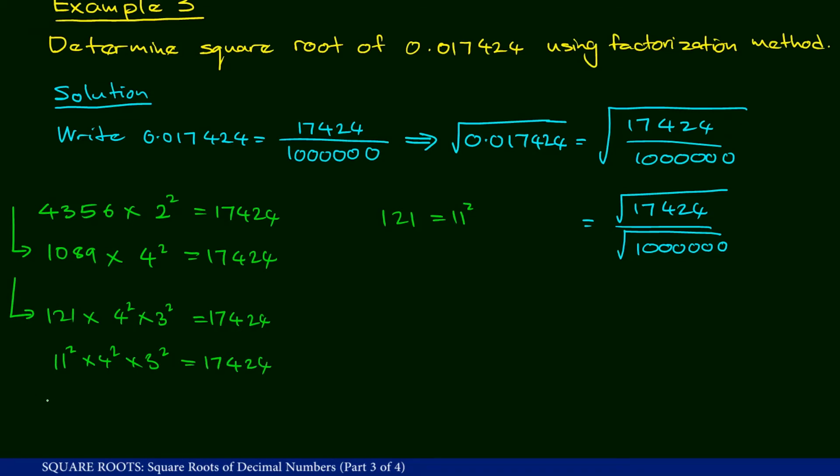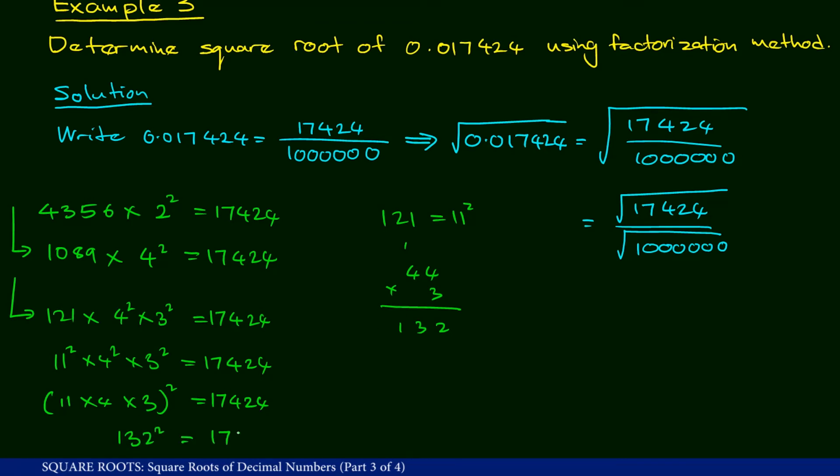So that is going to be 11 times 4 times 3, squared. That is equal to 17,424. So 11 times 4 is 44. 44 times 3 is equal to what? 44 times 3, that is 12, 12, 13. So that is 132. So that is 132 squared.